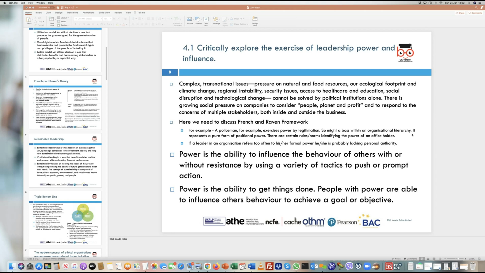It could be your charisma, it could be your image, it could be anything which is one of your personal traits or attributes, and that allows you to get work done. That would be classified into the second type of power which French and Raven actually proposed, and that is called personal power.